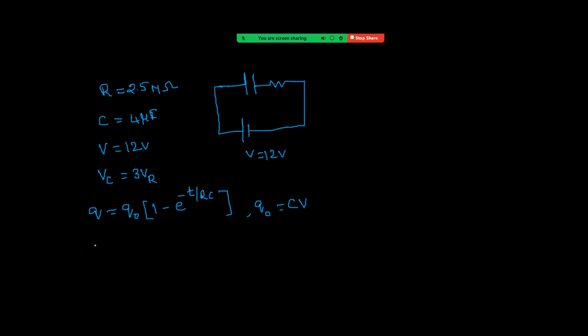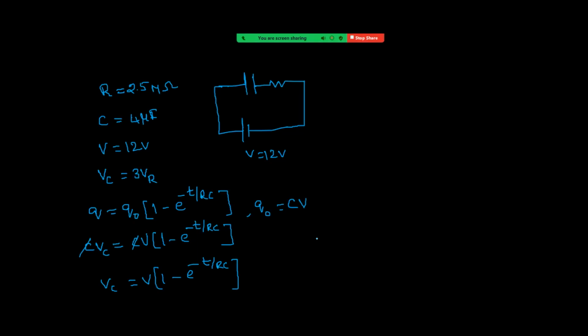Now from this we can write Q equals C into V, or we can say the potential difference across the capacitor is C into V into 1 minus e power minus t by RC. Now C gets cancelled. So VC equals V into 1 minus e power minus t by RC.